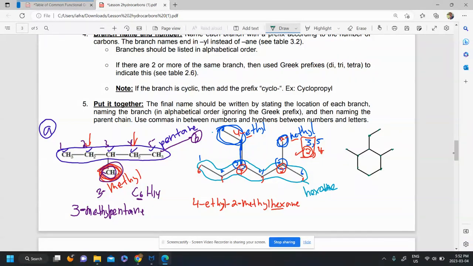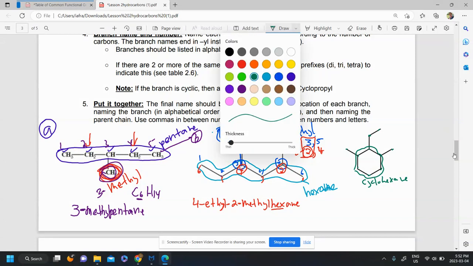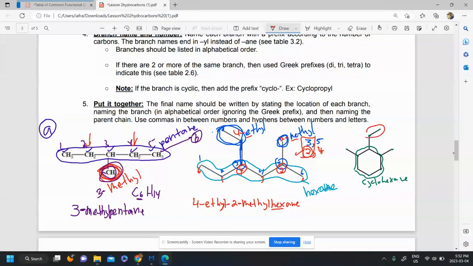So normally you would call this a hexane, but because it's a cyclic version of it, you would call this a cyclohexane. So now you have to go identify your substituents. This is a substituent, 2 carbons here, ethyl, and then 1 and 1. So these are methyls.